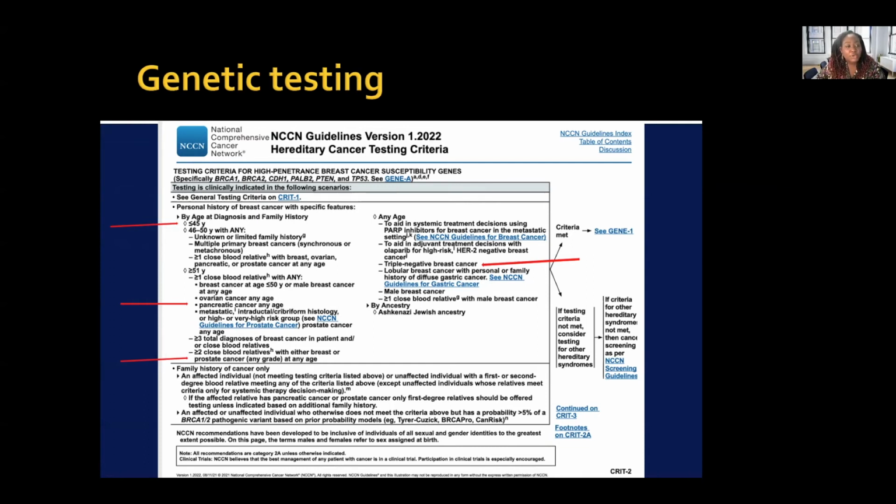It's also important for patients in that age range who have multiple primary breast cancers, or more than one close blood relative who also has breast, ovarian, or prostate cancer.